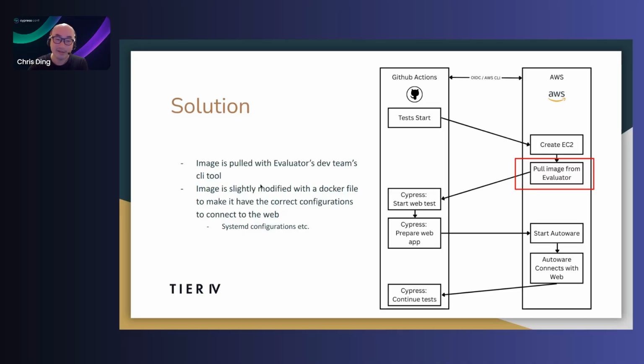So our Dockerfile just installs systemd on the image from evaluator, because normally it's not good to have systemd on your Docker images, but in our case we actually need it. So we make that modification and make sure that EC2 has the correct image with Autoware inside.